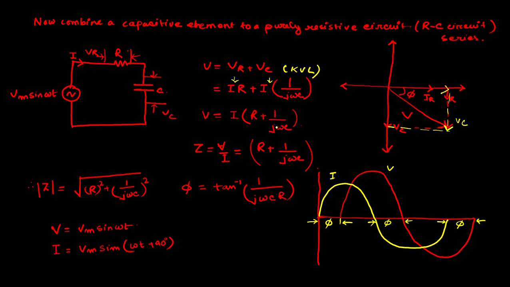So to find the impedance again, we have to find V equals I times R plus 1 by j omega C, which gives Z equals R plus 1 by j omega C, and then we can find the magnitude and the angle or angular difference between these two waveforms, where V equals Vm sine of omega t, and I equals Im sine of omega t plus theta.